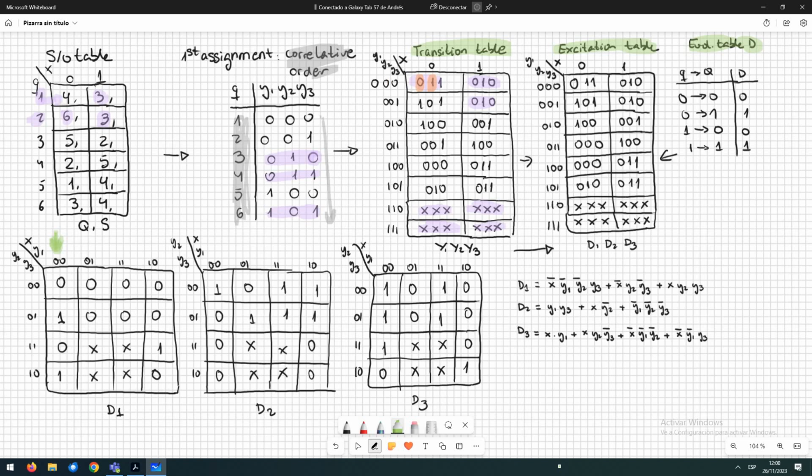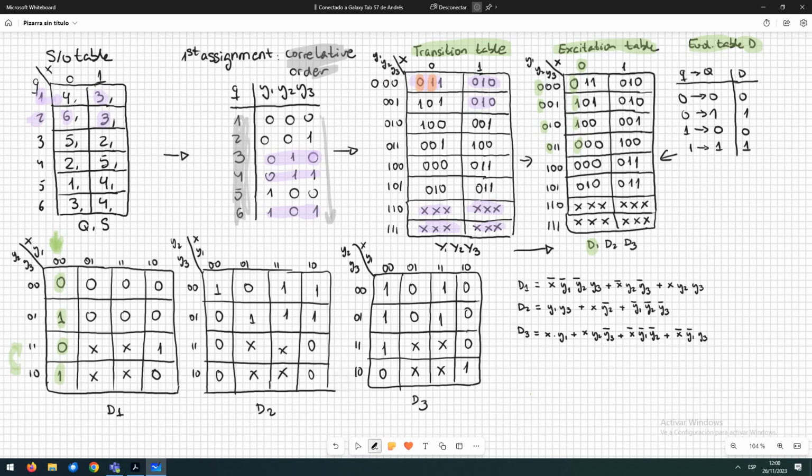So in the excitation table, X is 0 here and Y1 is 0 here, so for the variable D1 the values are 0, 1, 1, 0. So I fill the Karnaugh map 0, 1, 1, 0. And remember that I use this order because of the Gray code we have here, in which we have the 1, 1 before the 1, 0.